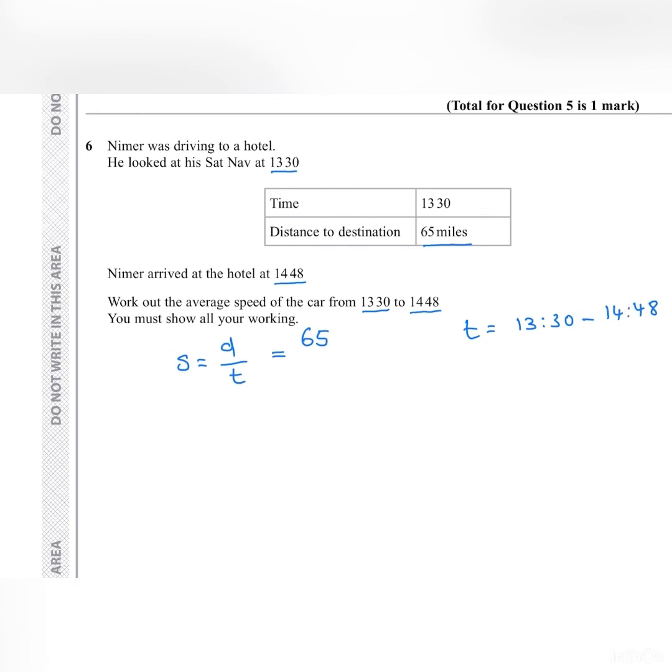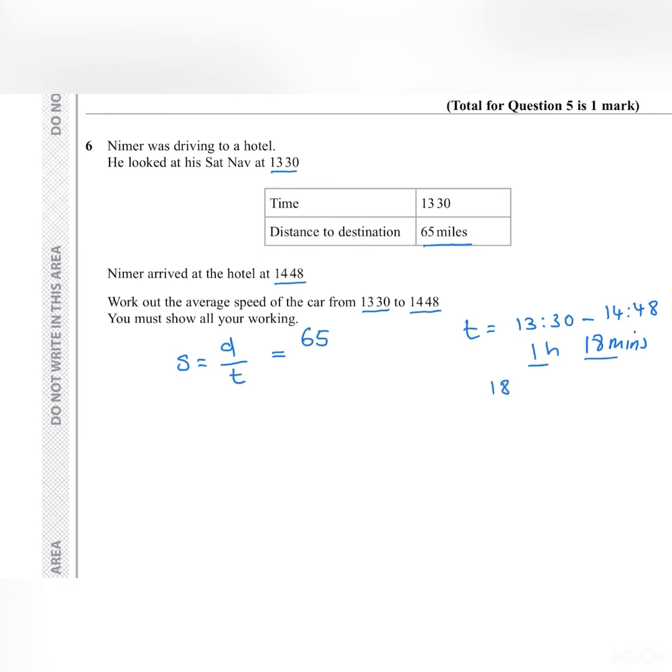From 13:30 to 14:30, that's 1 hour, and then from 14:30 to 14:48, that's another 18 minutes. Okay, so we can't just divide by 118 because it's 1 hour and 18 minutes.